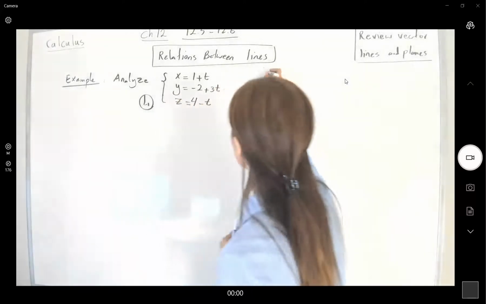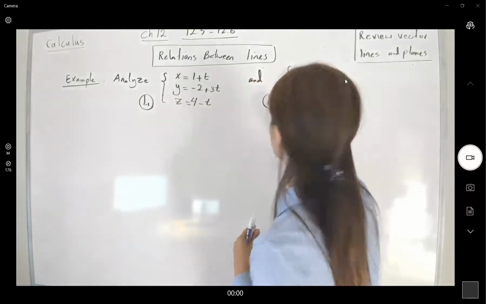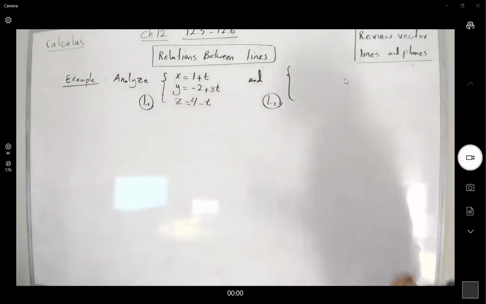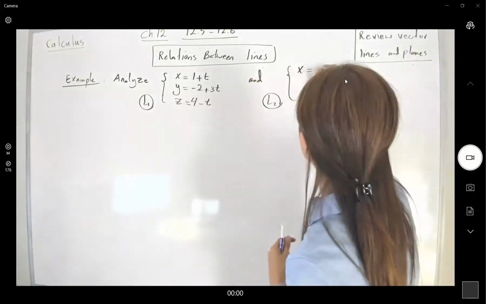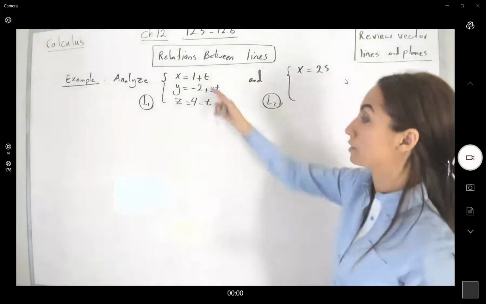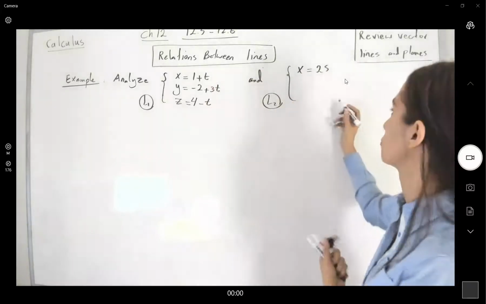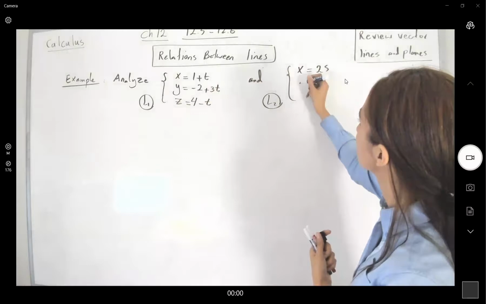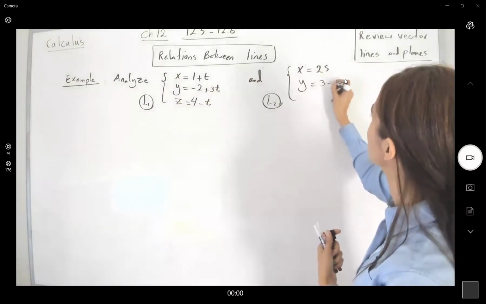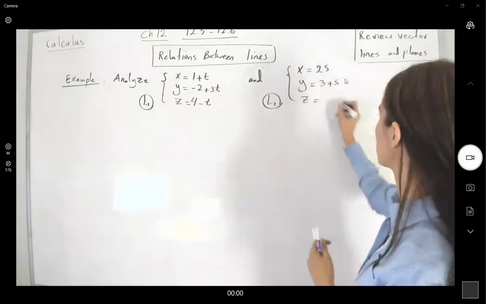And then the second line, L2, is x equals 2s. Since it's a different line, we're not using the same parameter t, we're using a new parameter s. So y is equal to 3 plus s, and z is equal to negative 3 plus 4s.